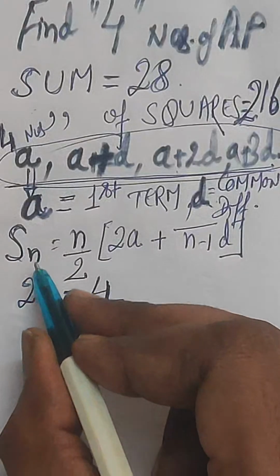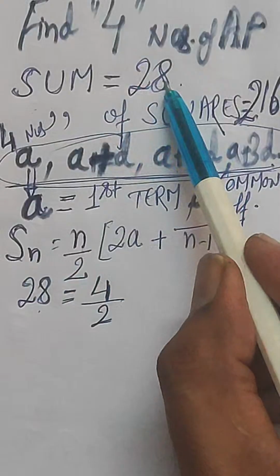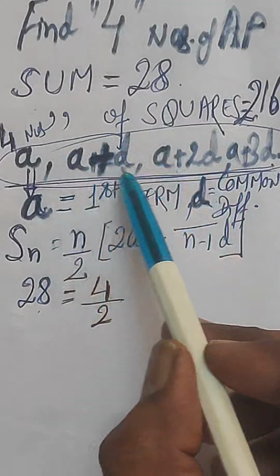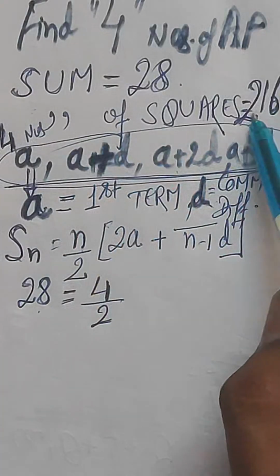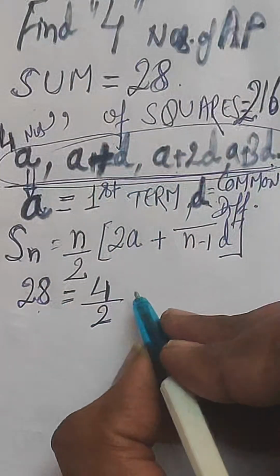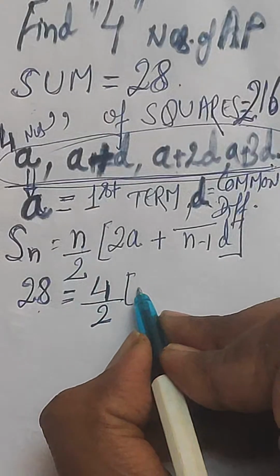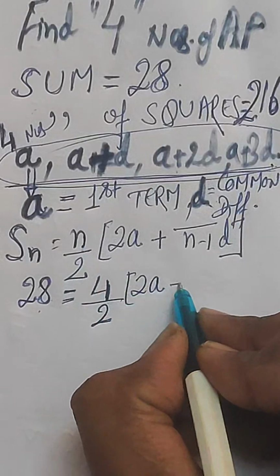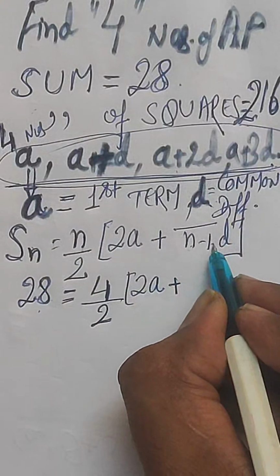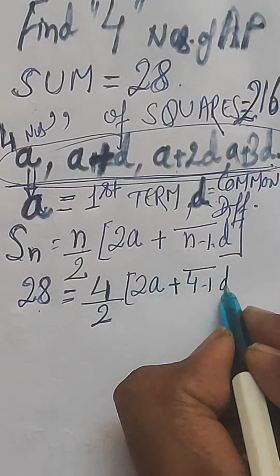We are simply putting the value of Sn as 28 into the formula. So we have 2a plus n minus 1, and n minus 1 will be 4 minus 1, into d.